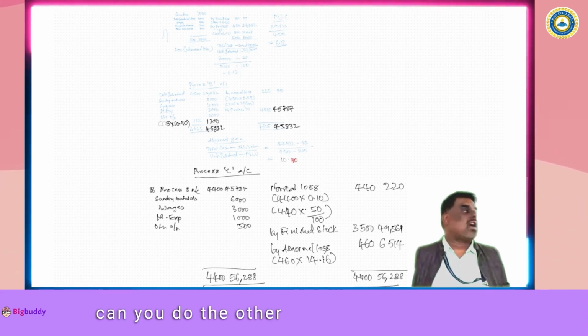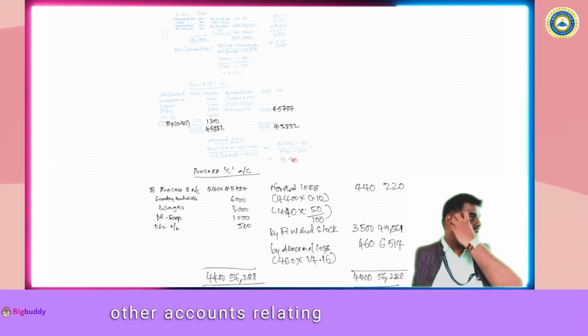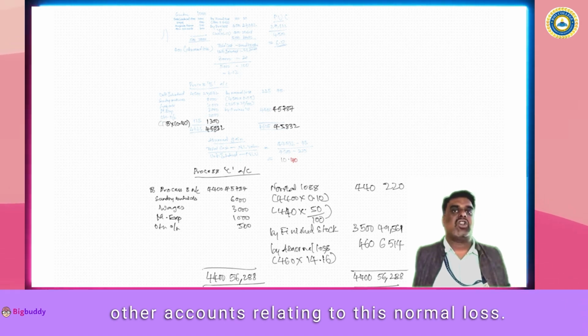Can you do the other accounts relating to this? Normal loss.